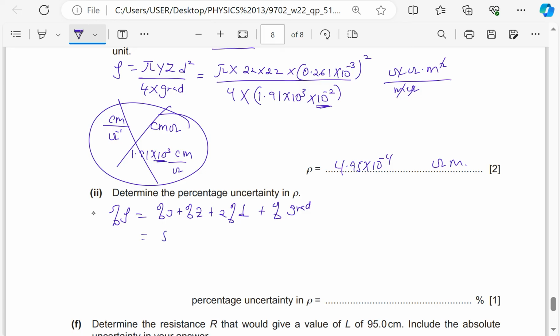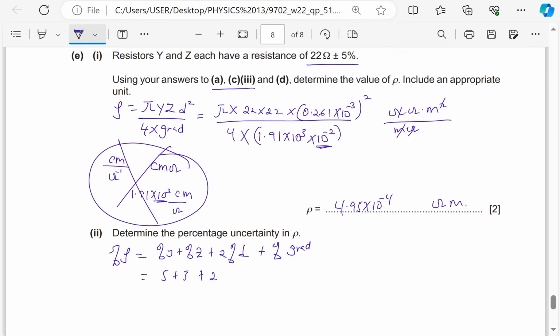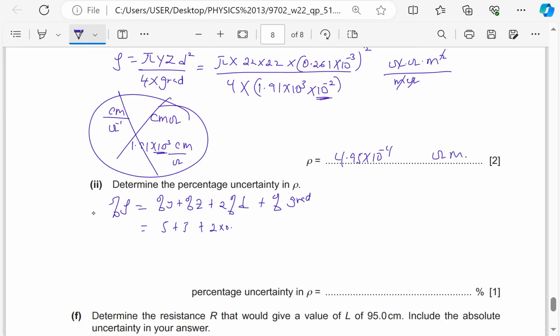So this will be 5 plus 5 plus 2 times percentage in d. Percentage in d is going to be 0.003 over 0.261 times 100 to make it percentage. Then plus percentage in the gradient.